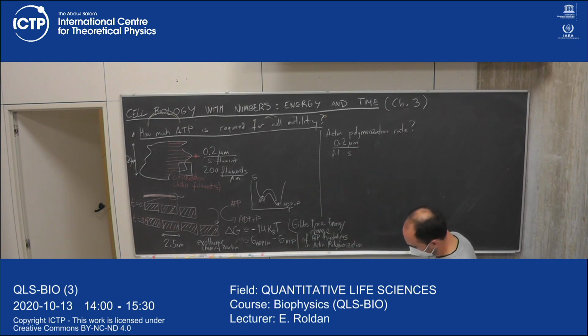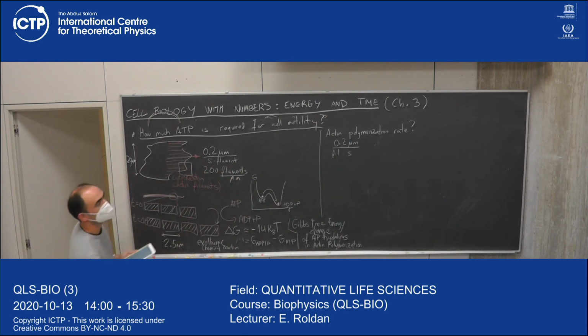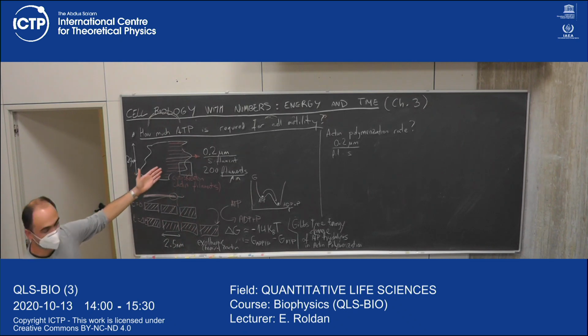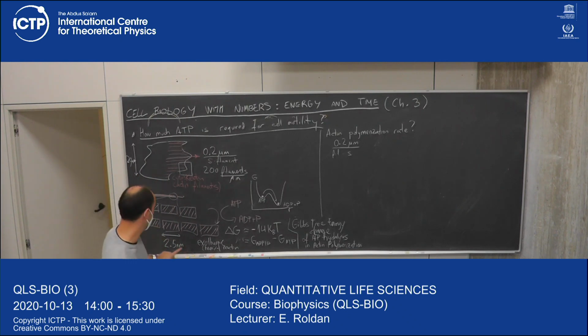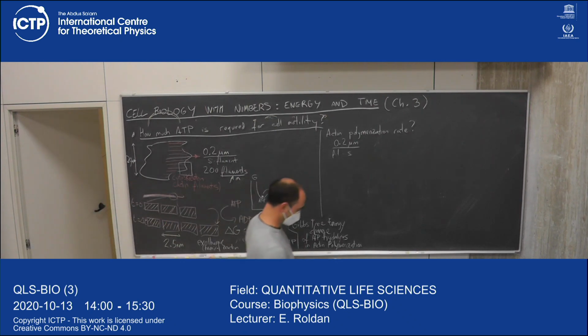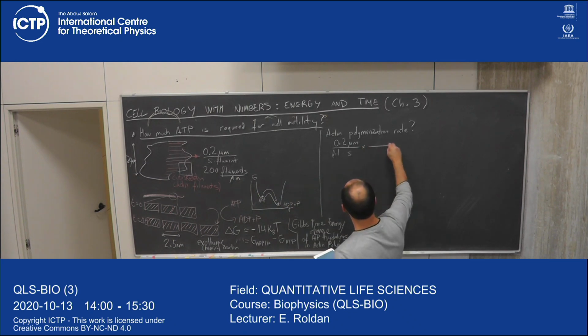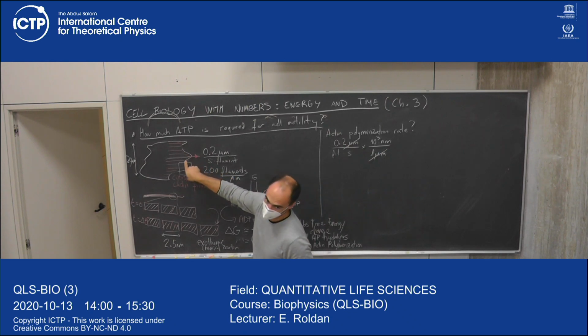Now we should know how much actin this is. Each monomer of actin is 2.5 nanometers, but we have microns, so we have to adapt this. 1 micron is 10 to the 3 nanometers. Now we know how many nanometers per second the filament is advancing.